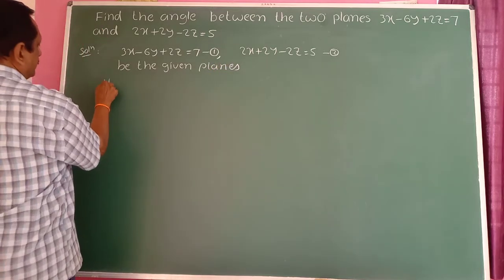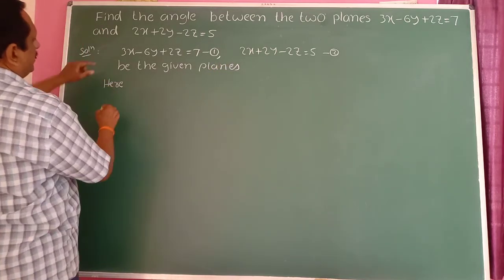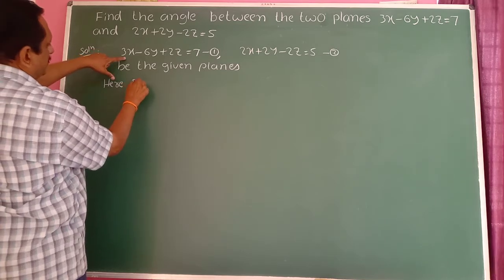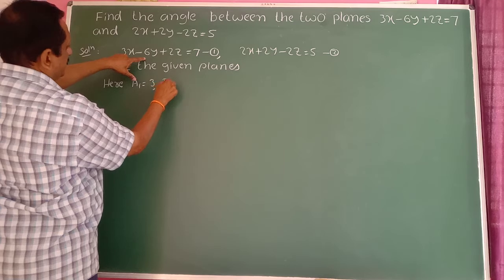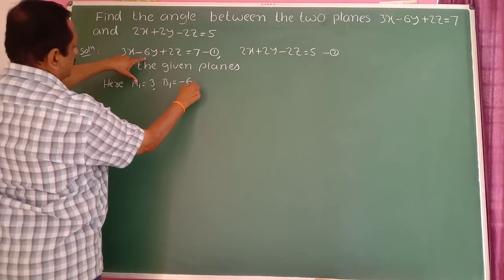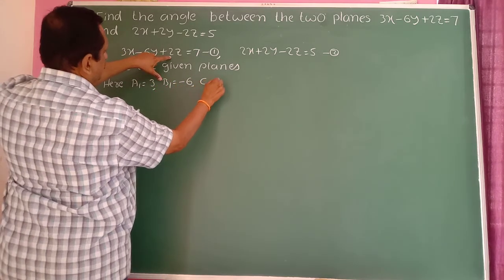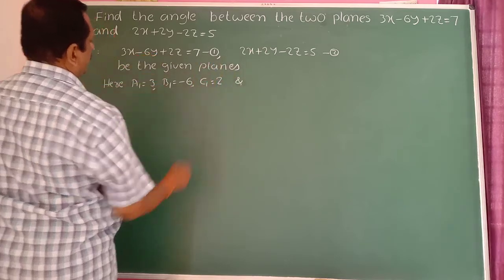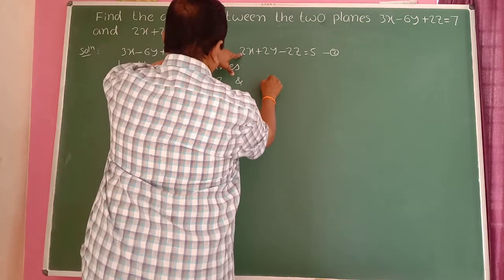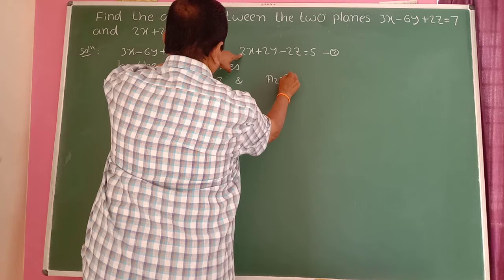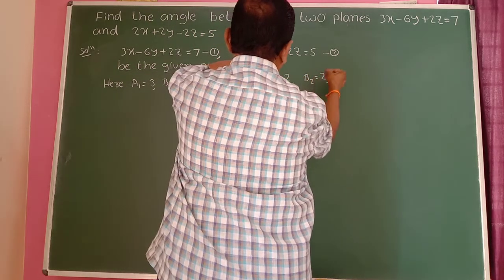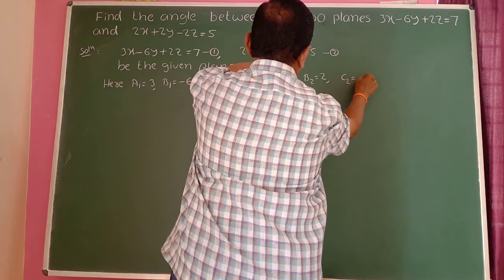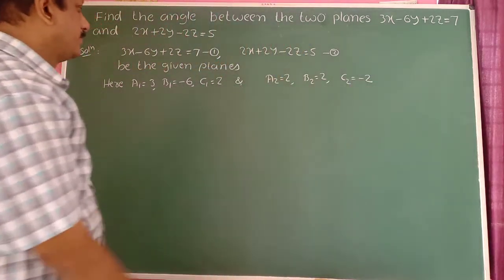In this case, here a1 is equal to 3, then b1 is equal to minus 6 here, then c1 is equal to 2, and a2 is equal to 2 here, and b2 is equal to 2, and c2 is equal to minus 2 here.